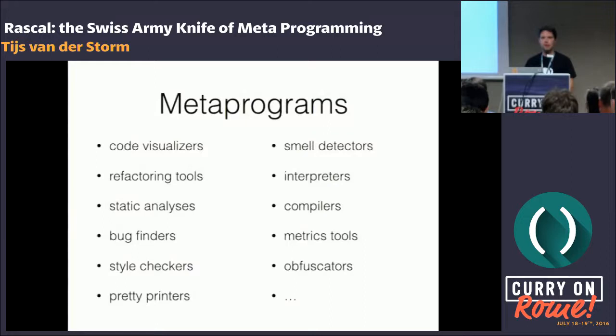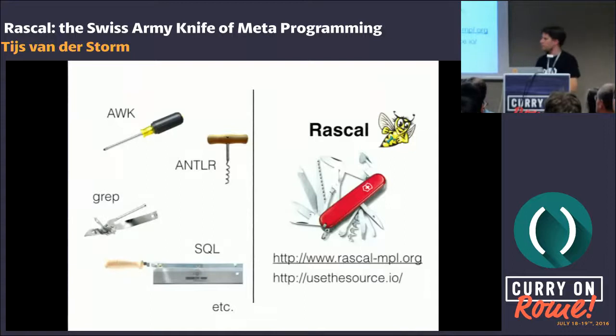So basically there's a large space of tools that just do something with source code, and most of that's also code. These are meta programs. If you look at the tools that are available to do some form of meta programming, there are various independent tools that you could use for different kinds of things.